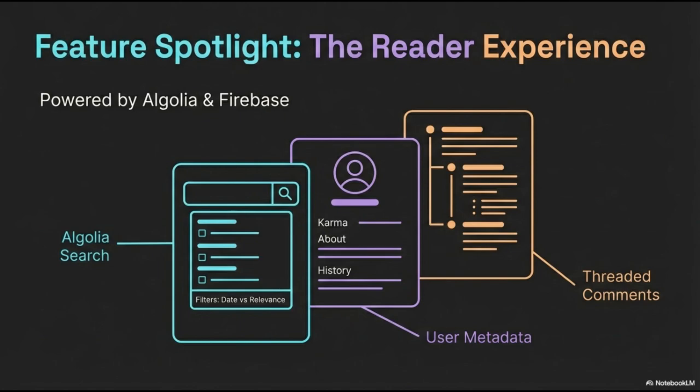Next, we provide enriched user metadata, allowing readers to see valuable context such as karma scores, user bios, and contribution history directly within the interface. Finally, we have implemented threaded comments to organize community discussions into clear, readable hierarchies. By combining powerful search tools with deep social context and structured conversations, we deliver a seamless and engaging environment for our community.